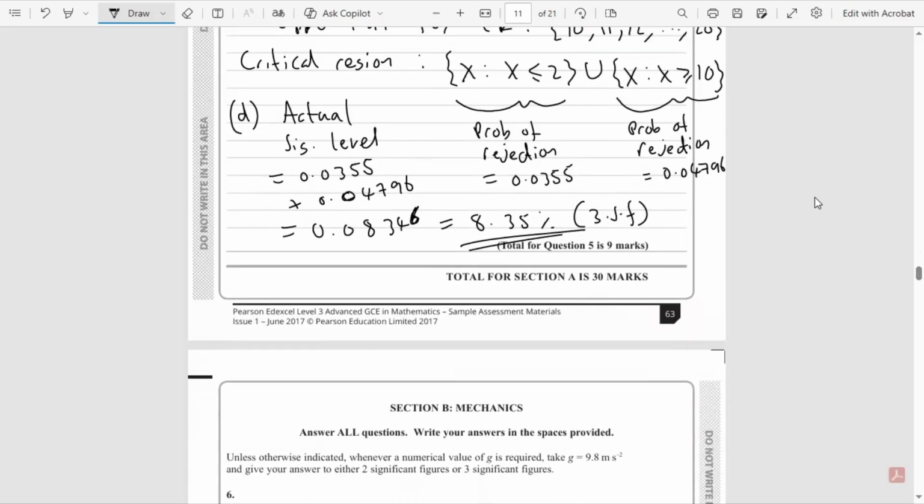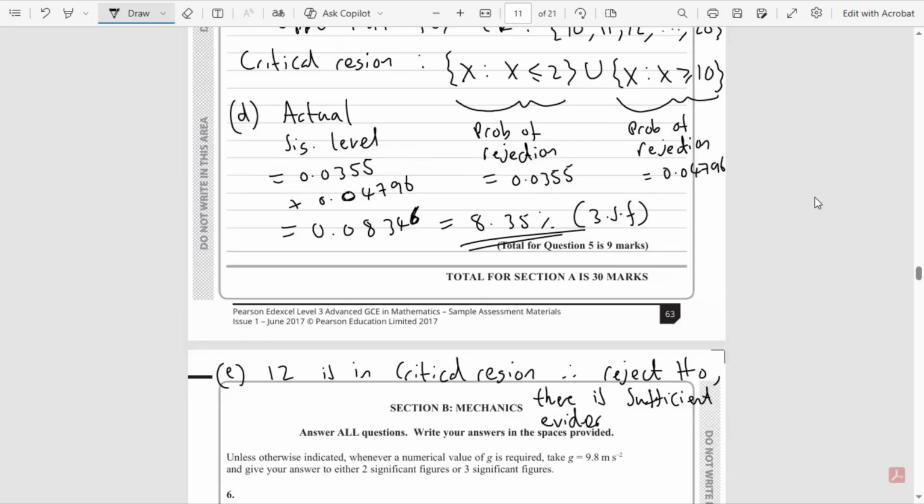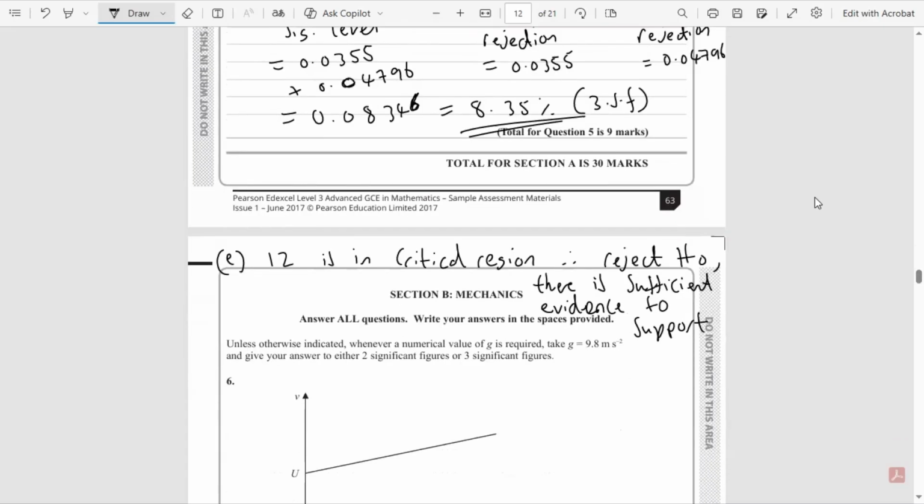So what we can say for part E, and I'm going to try and do this down here because I'm running out of room, is that 12 is in the critical region. If an observation is in the critical region, that means you reject H naught. So reject H naught, and you can say that there is sufficient evidence to support the manager's claim, because the manager claimed the proportion was different from 30%.